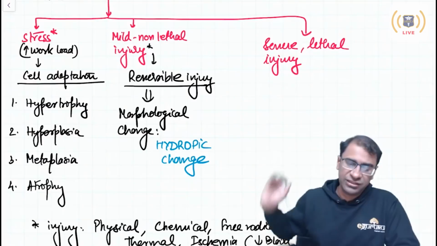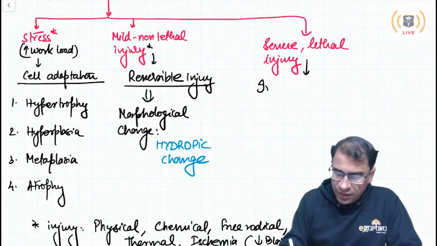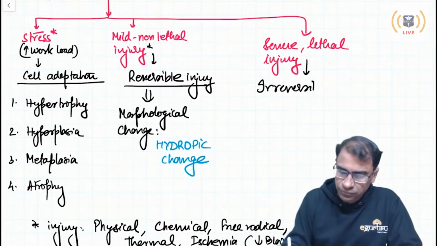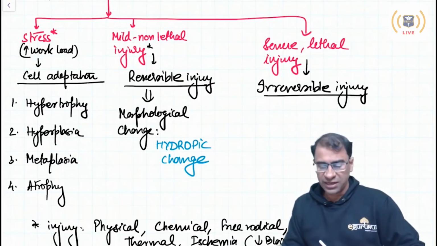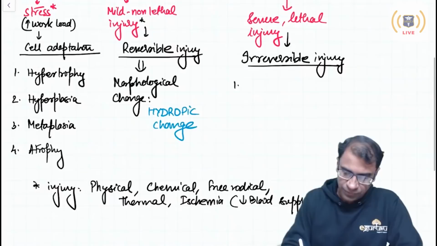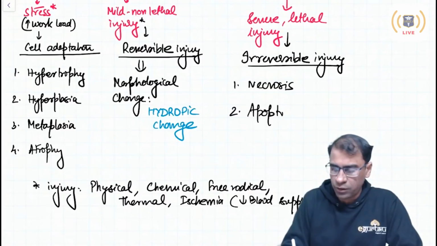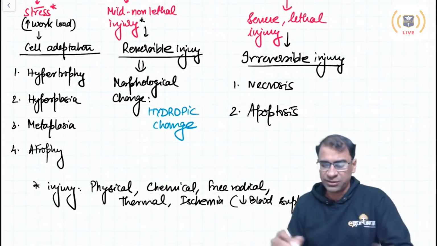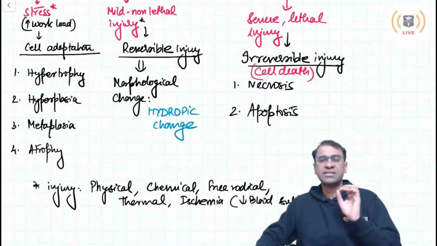That severe lethal injury will cause irreversible injury in a cell. It is of two types: it can be necrosis, or a form of cell death called apoptosis. So when I say irreversible injury, I simply mean cell death.